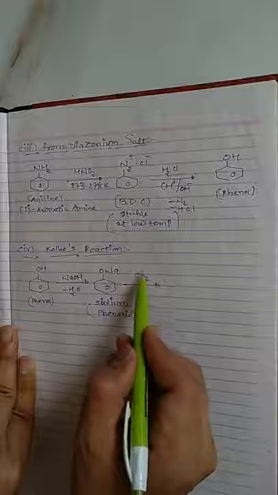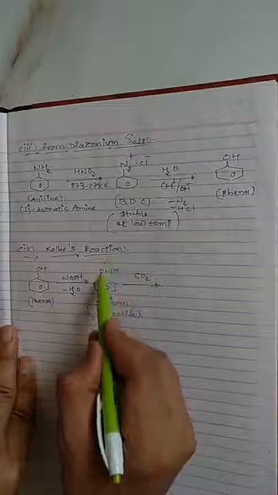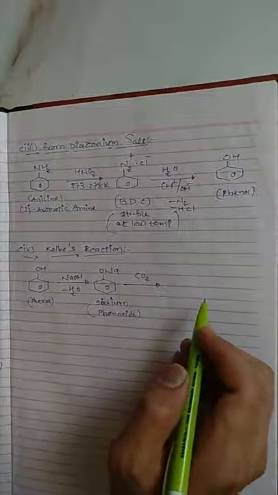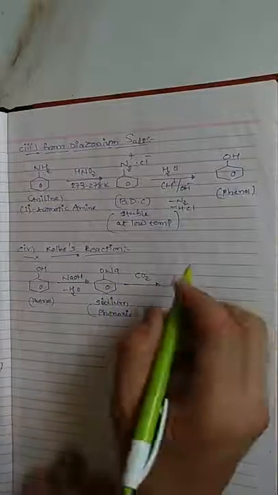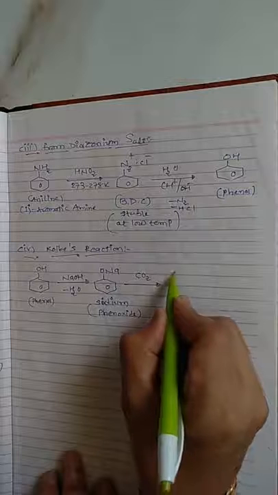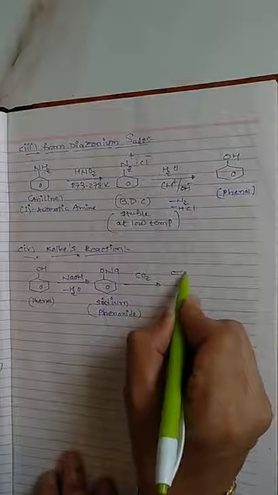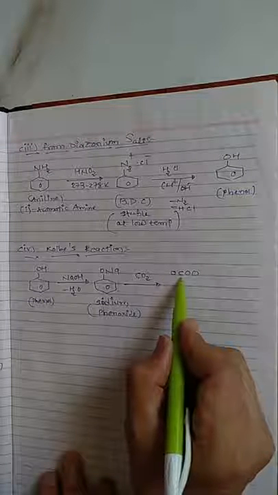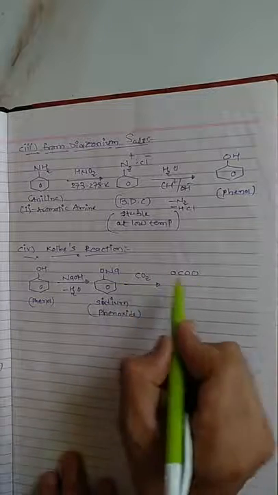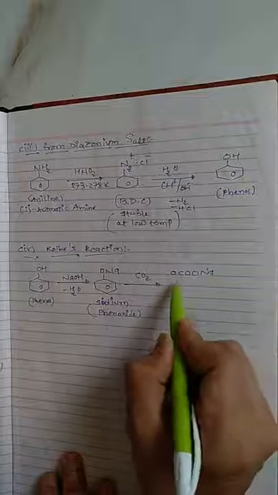So carbon and two oxygens are inserted between oxygen and sodium. When these are inserted between sodium and oxygen, it will form a compound like O, C double O. Look at the CO2, I will represent it in such a manner: COO means CO2, followed by Na.